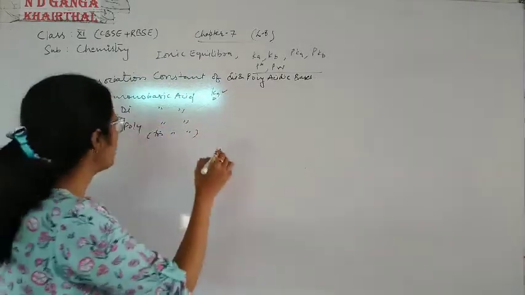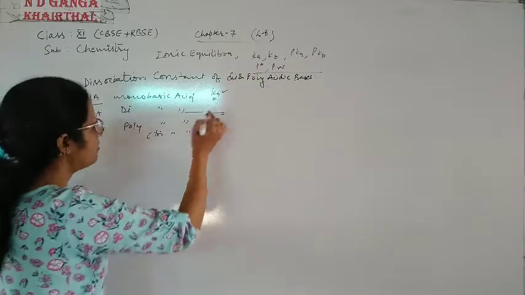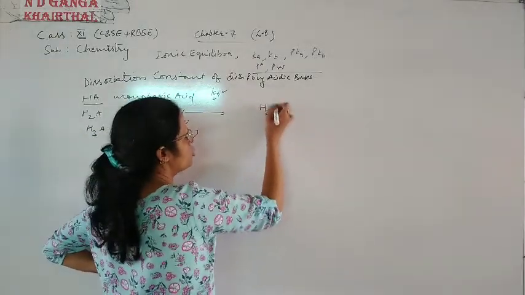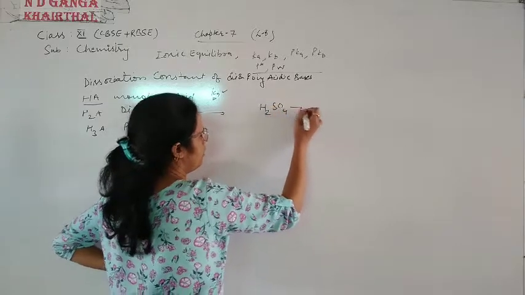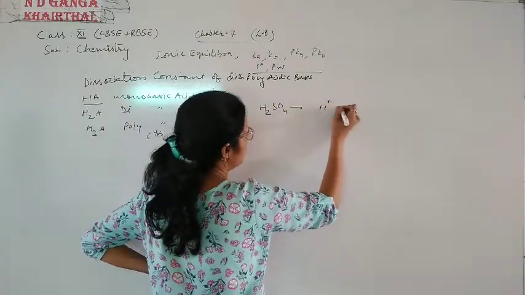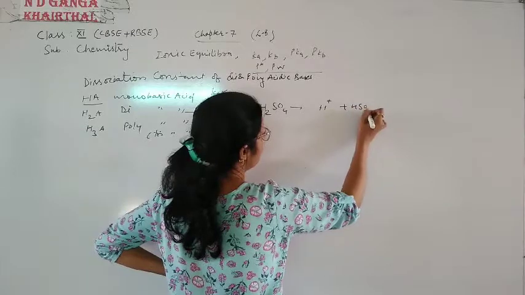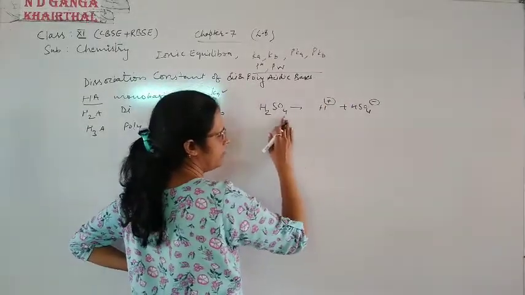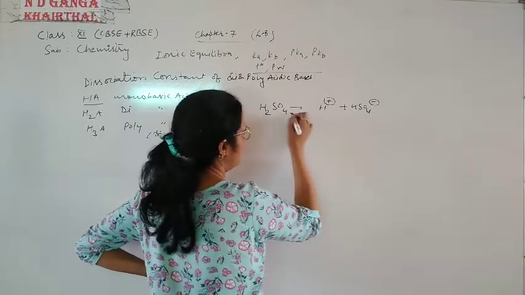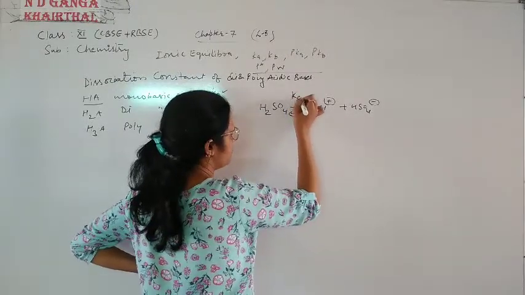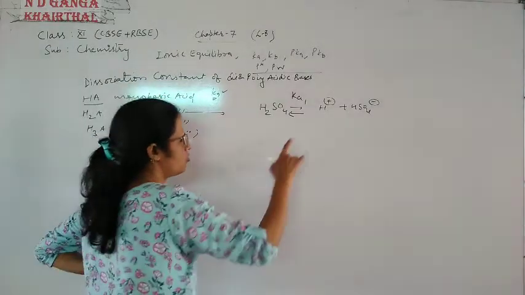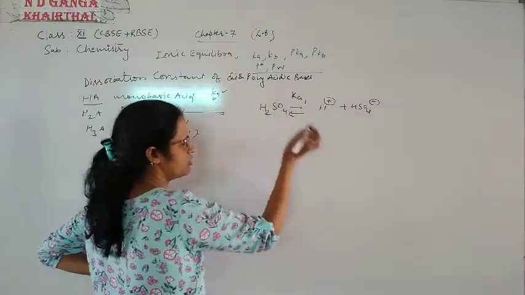For example, if we have a diacidic acid like H2SO4, it will break into H-ion plus HSO4 negative. It will break into cation and anion, and this will be Ka1, the first acid dissociation constant.